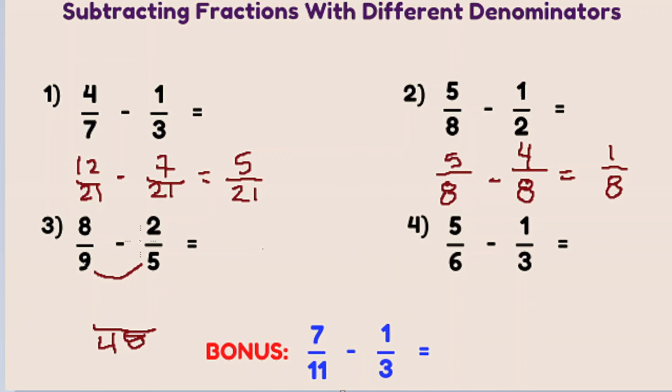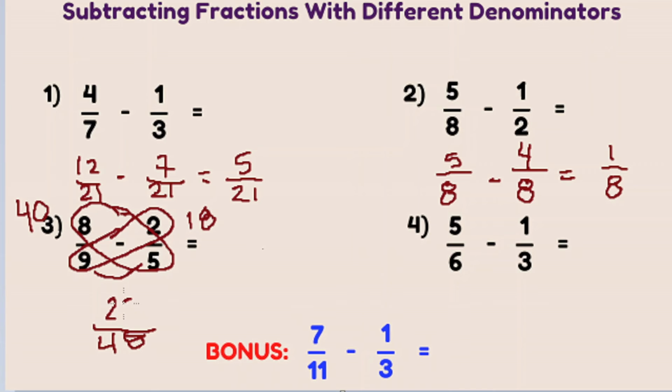So once we do that, we're going to then cross multiply. 8 times 5, which is 40. That result always goes next to the numerator that you're multiplying. 9 times 2 is 18. When we subtract 40 minus 18, we get 22. 22/45 is our answer.